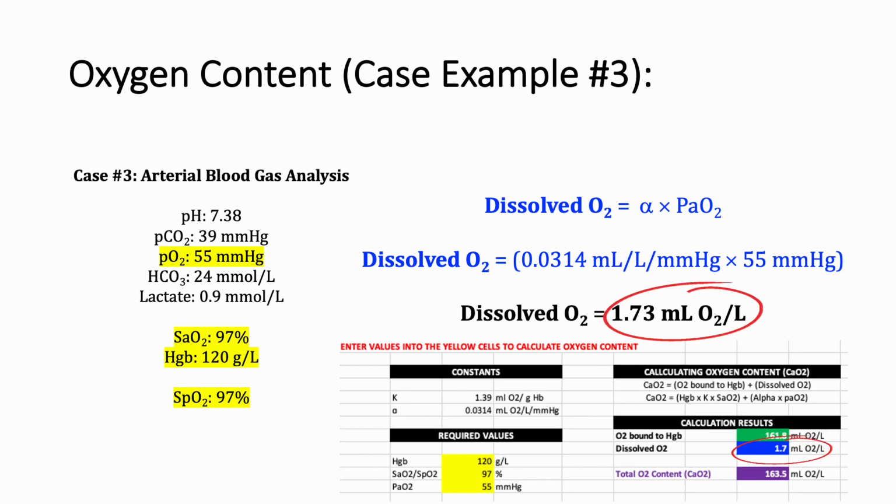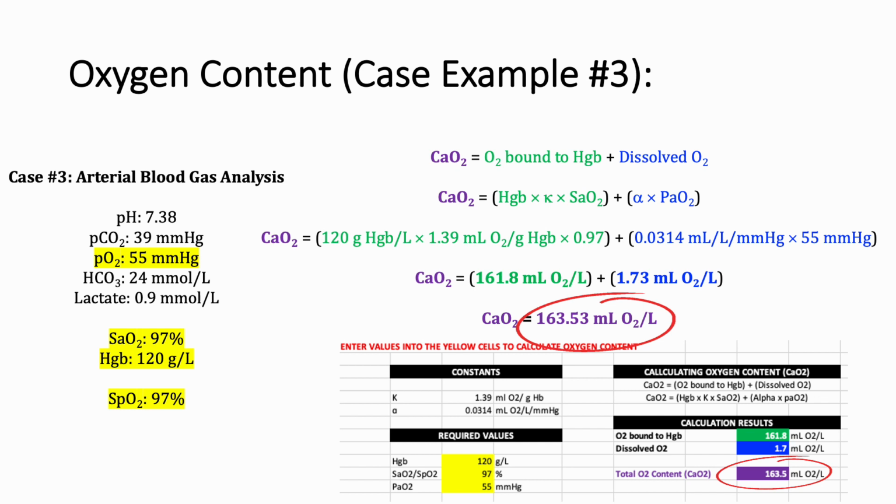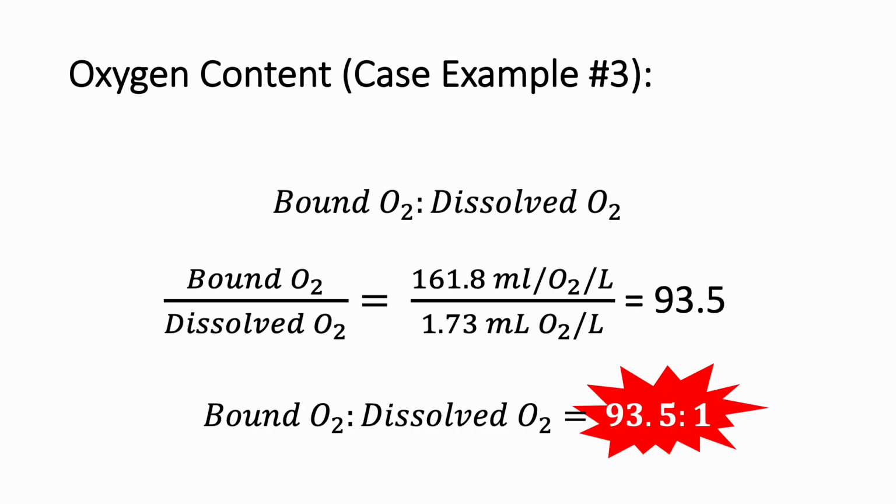This calculated value is automatically determined for you in the blue cell, as shown here. The sum of these two terms together represents the total amount of oxygen within the sample, which is calculated as 163.5 milliliters of oxygen per liter. This is the total oxygen content and is calculated in the purple cell in the spreadsheet as shown here.